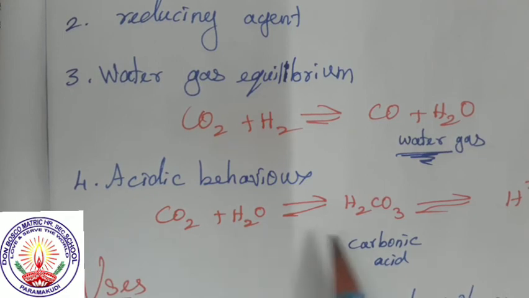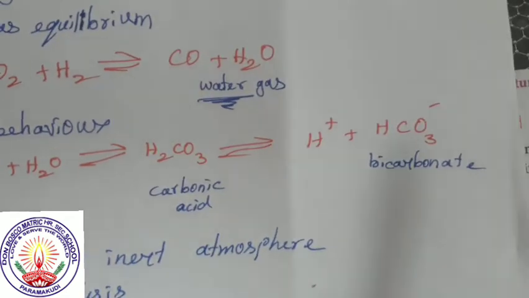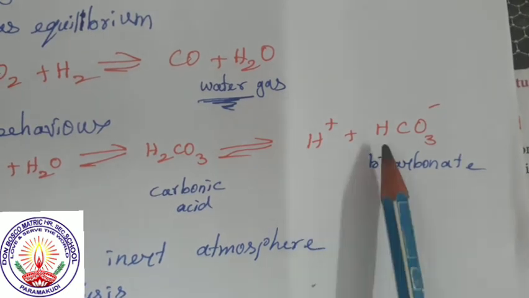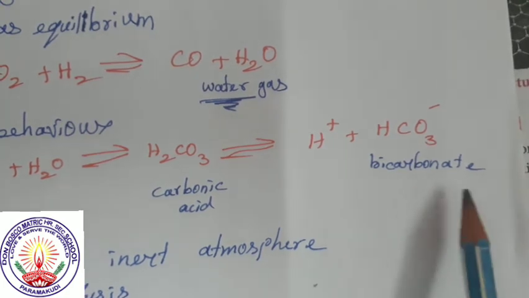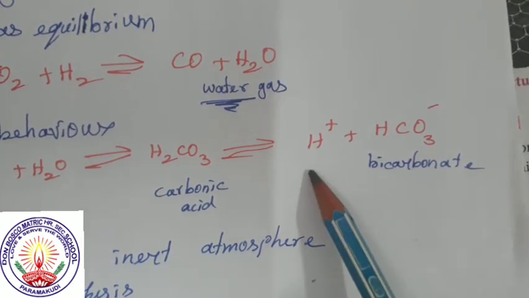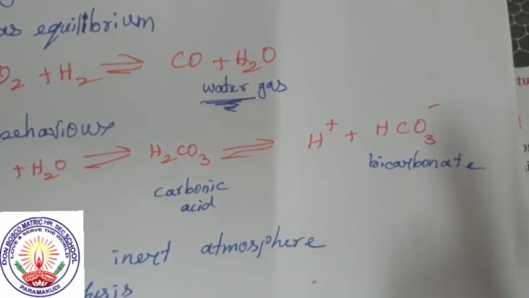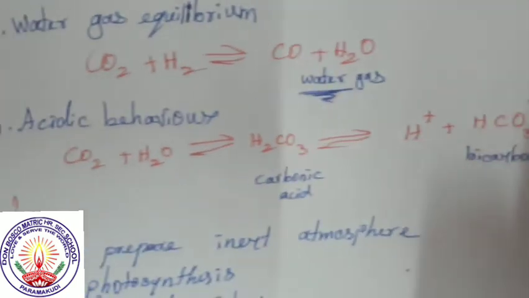CO2 plus H2O, we get carbonic acid, and this carbonic acid is able to form H plus ions and HCO3 minus ions, that is bicarbonate. Therefore we say this is acidic behavior. This is slightly acidic.